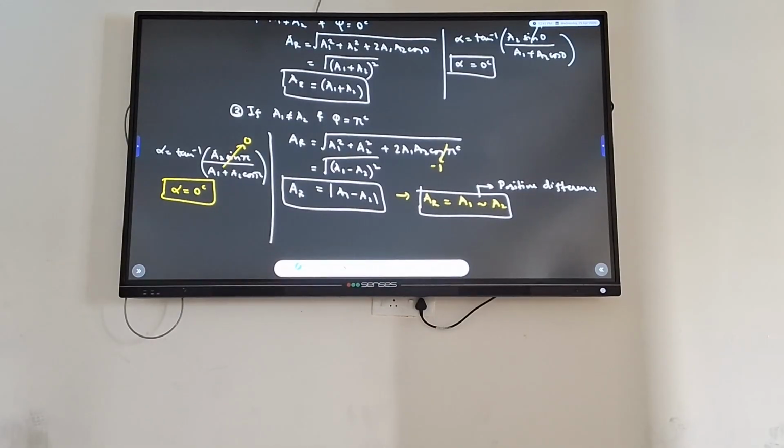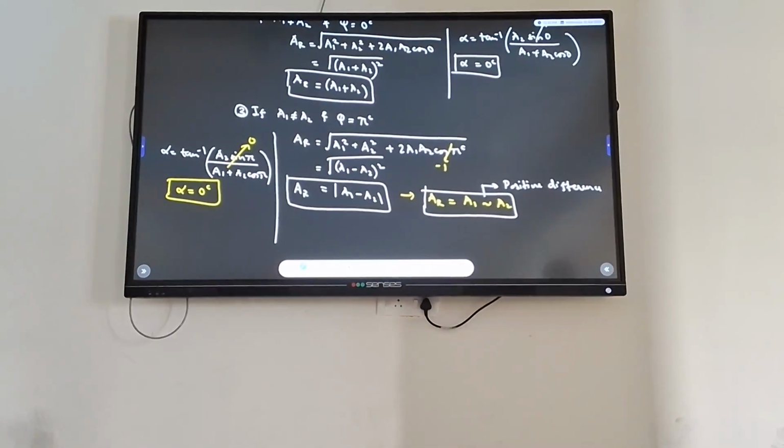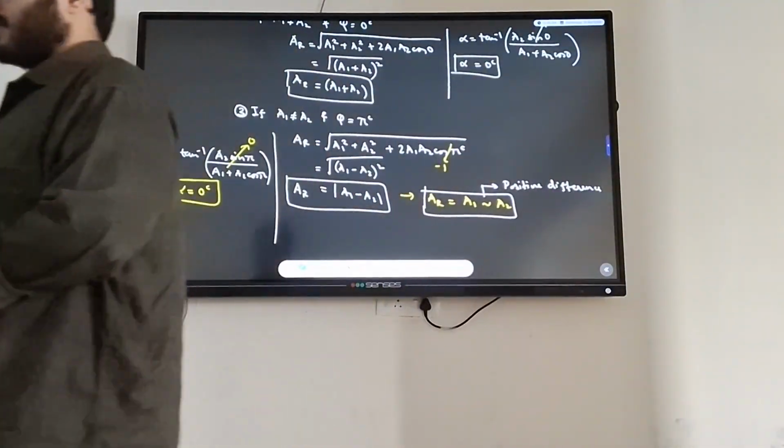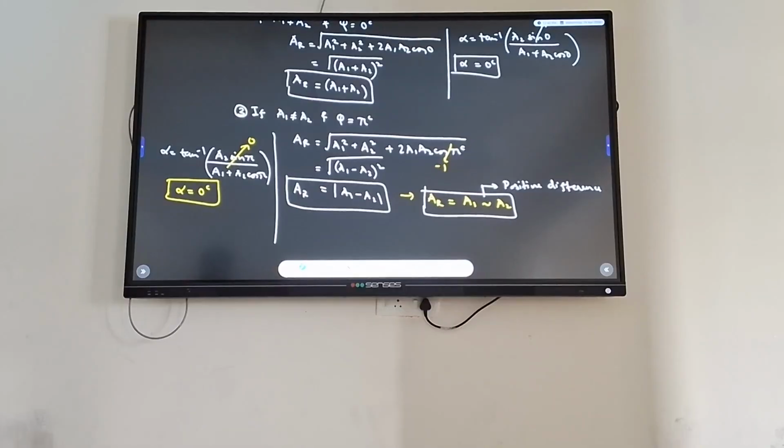Try to find it for pi by 2. Alpha will be tan inverse A2 by A1. These cases are not that hard to do yourself even in the middle of an exam, but they will be useful to you later.